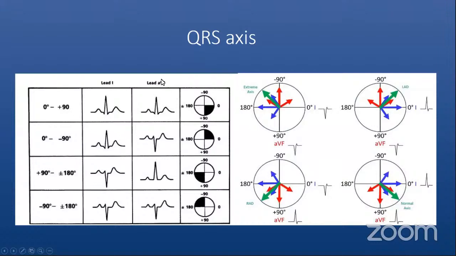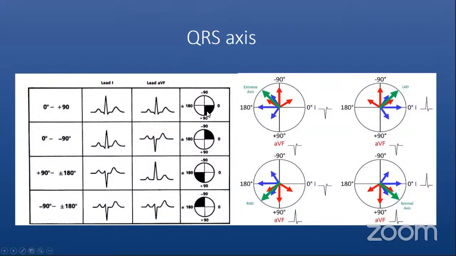So you only have to look at two leads first to decide which quadrant it is. If lead 1 has a positive QRS complex, I know that the axis is going to be in this direction. Then looking at lead AVF, if there is a positive QRS complex in AVF as well, that positive of the AVF is downward that way. So I know that the axis is going to be in that quadrant.